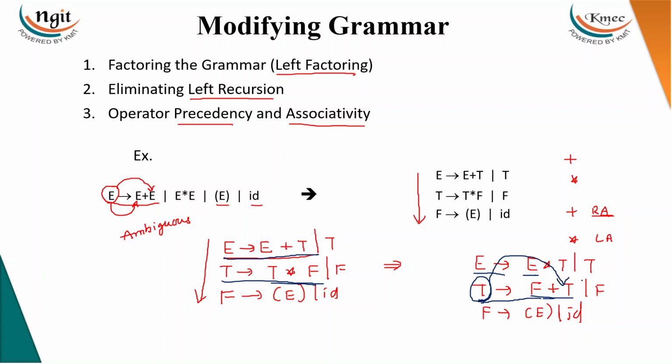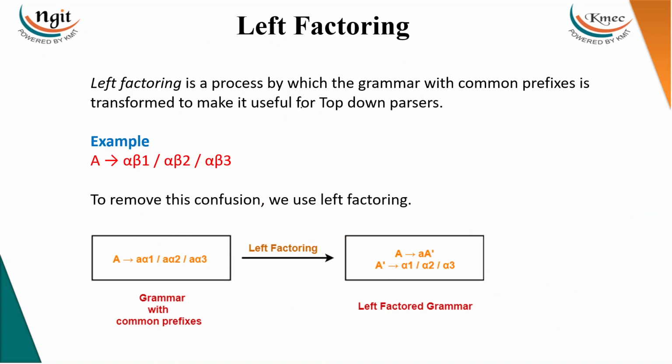There is a difference. In that way you can eliminate the ambiguity from the grammar. There's a third way; the first way is left factoring. What does left factoring mean? If any symbol occurs more than one time.